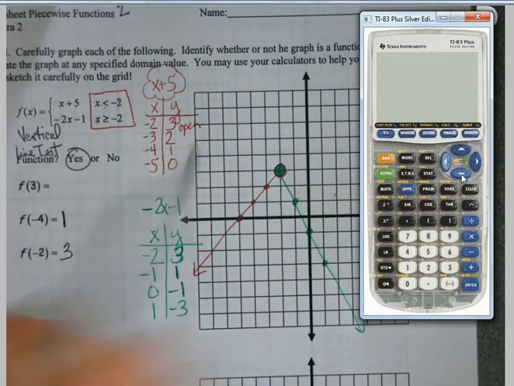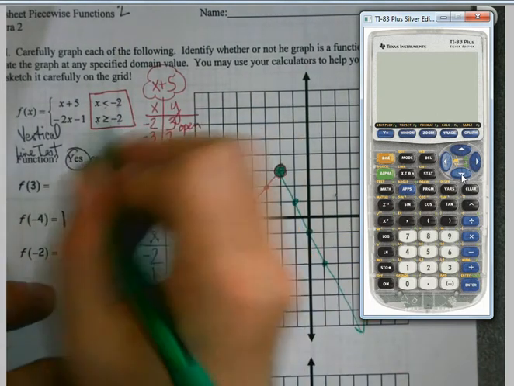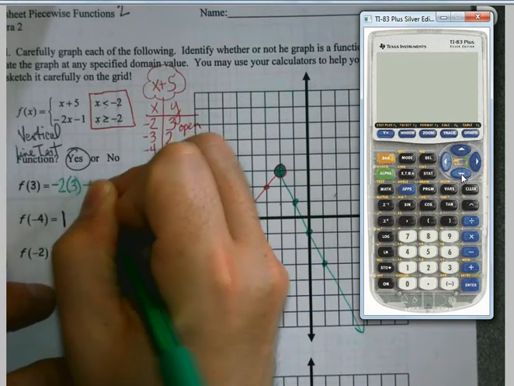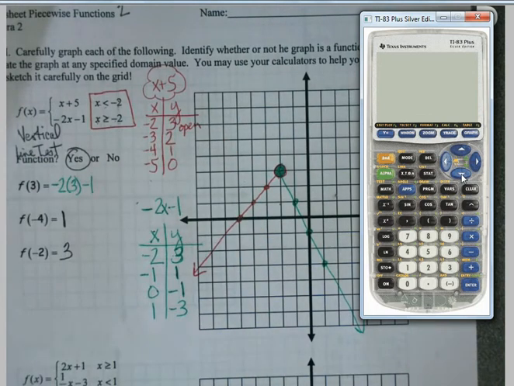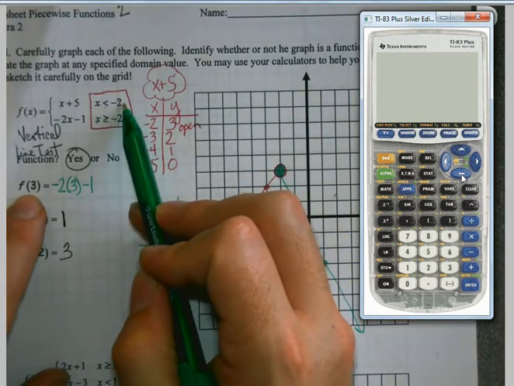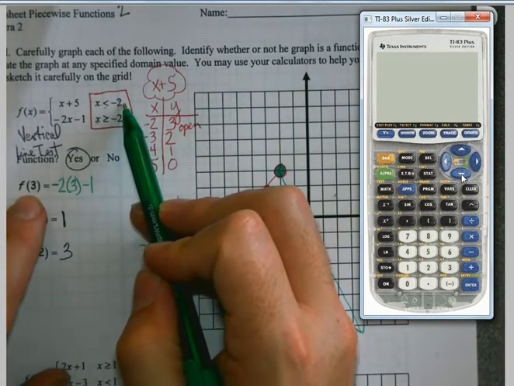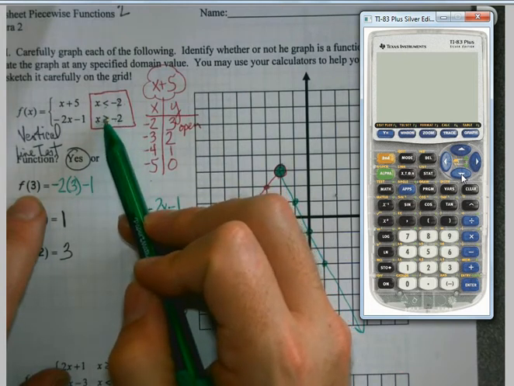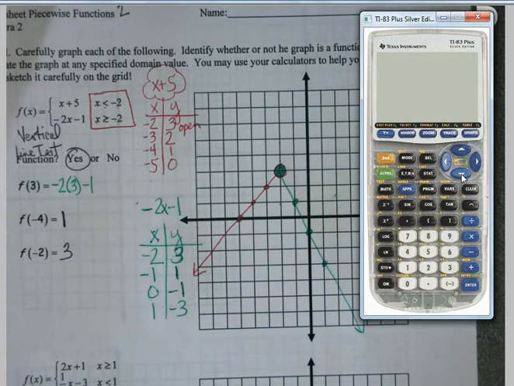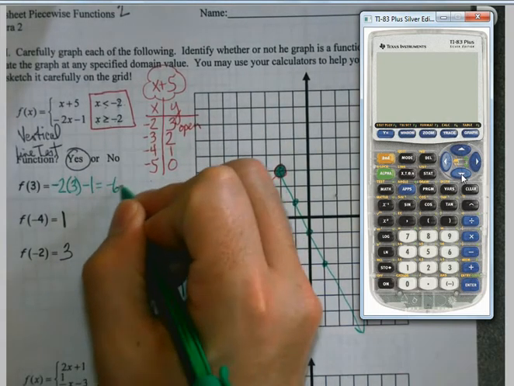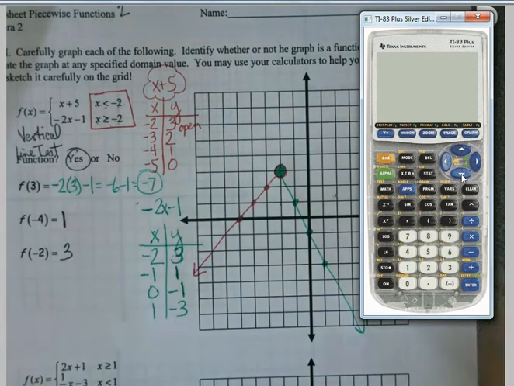So if I had to, since the bottom one works, I would just plug in the 3 where the x was and figure it out. How do you know which one you use? Because here, if I plug in 3 up here, is 3 less than negative 2? So, right, whichever one of these holds true when I plug the number in, that's the one that I'm going to use. Okay? So here I'd have negative 6 minus 1 is negative 7.